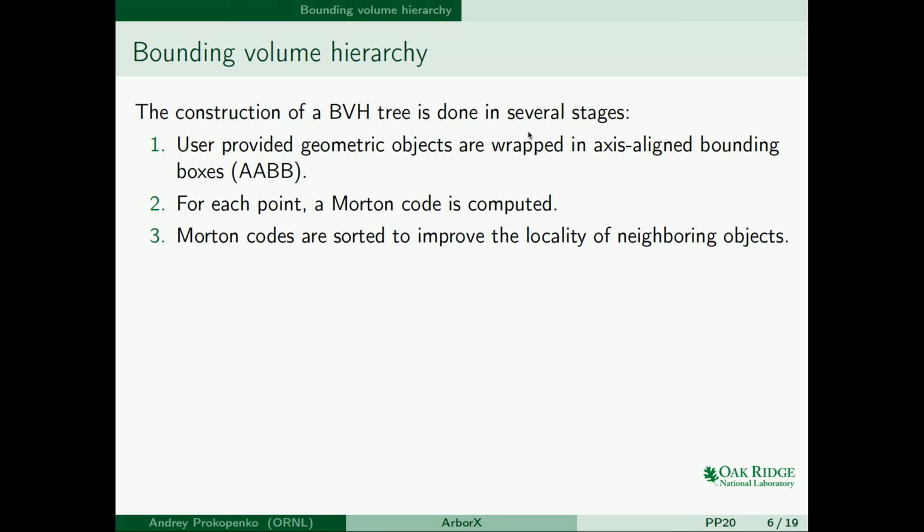We sort them to improve the locality and to linearize the whole space of the objects, and then we construct the tree fully in parallel. And that's the key point of Karras's work, where he demonstrated that it is possible to construct it fully in parallel on GPU instead of going level by level, which is too slow.